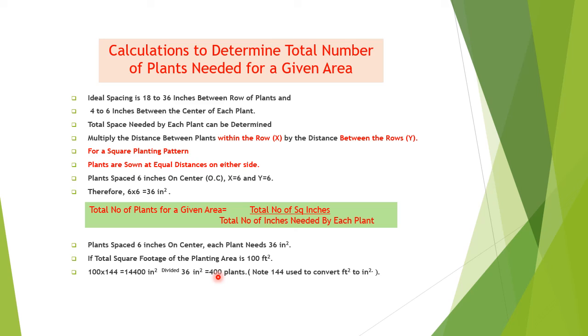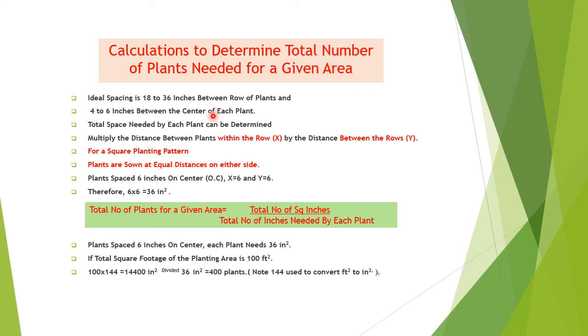So you can plant 400 plants in 100 square feet, or in 14,400 square inches. We use 144 to convert square feet into square inches.